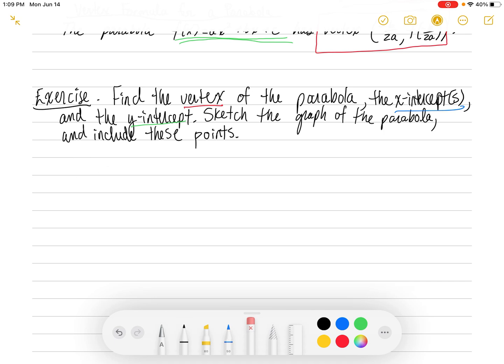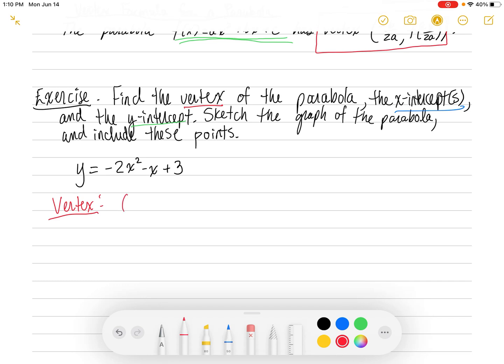Okay, so here we go. There's our function, f of x. Okay, actually, they're calling it y here. y equals negative 2 x squared minus x plus 3.